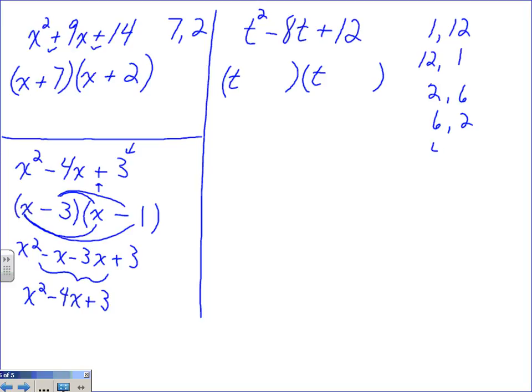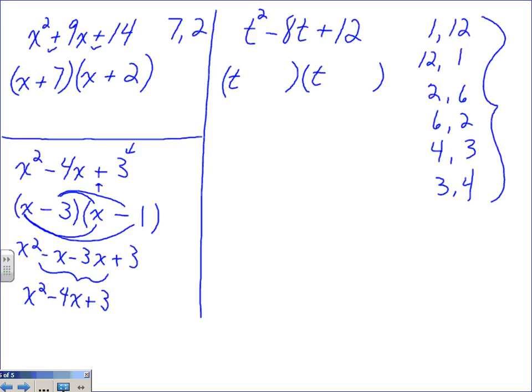Or it could be 4 and 3, and 3 and 4. All these numbers here that I've written down, multiply those two together, and I will get 12. But I have to get a -8t in the middle.